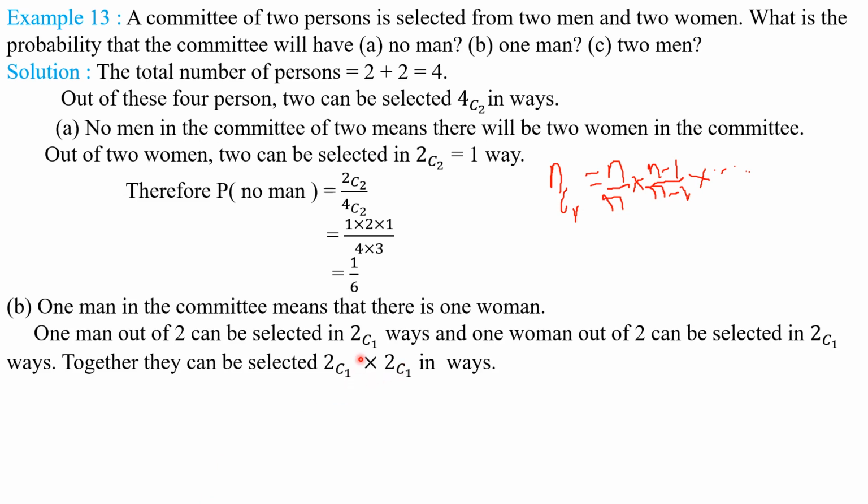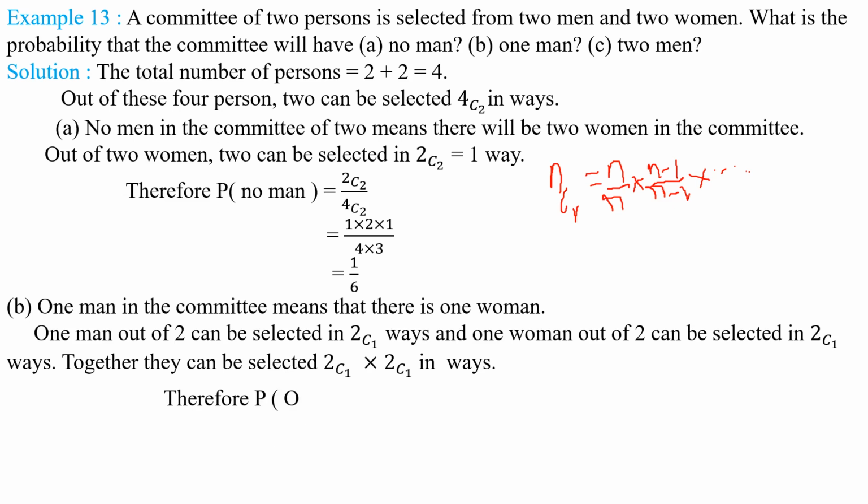We have to select one man from the 2 men and one woman from the 2 women. In how many ways? 2C1 ways. Here also we can select in 2C1 ways. So both operations should be done. So by multiplication theorem, 2C1 into 2C1 ways. Understood this step, my children?